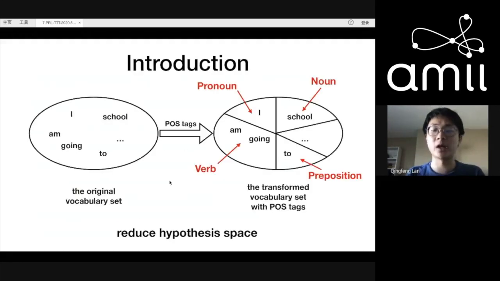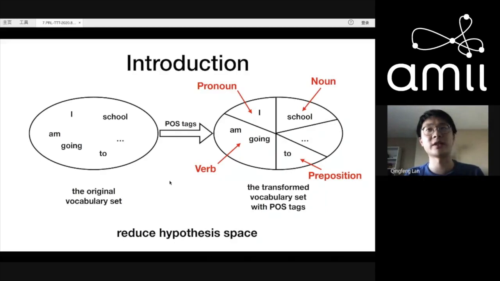The basic idea behind this work is quite simple. Let's say we have a large vocabulary set with many words inside. If we know the POS tags or labels of these words, we can then divide this large vocabulary set into several parts. Say we don't know what the next word is, but we know the POS label of the next word.